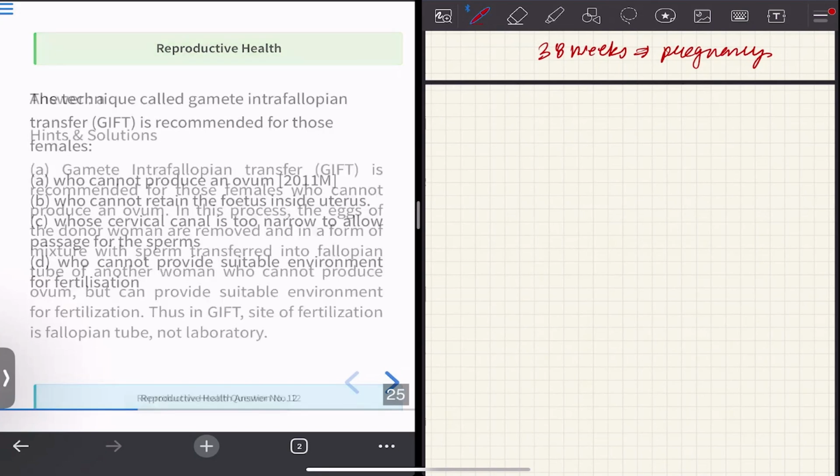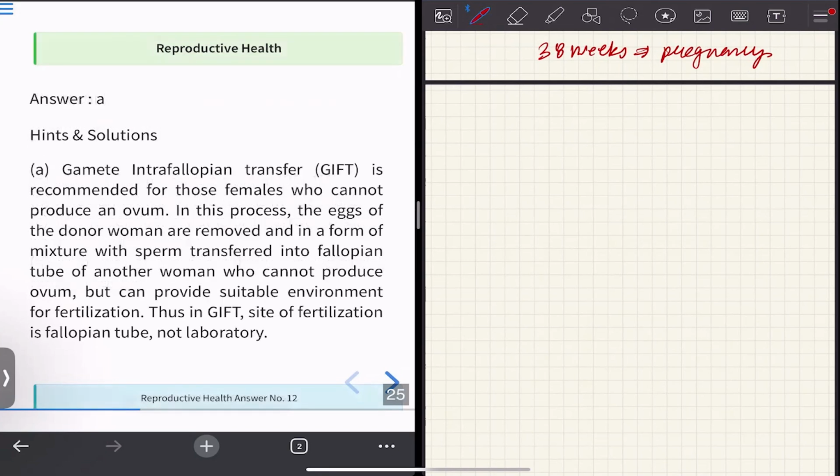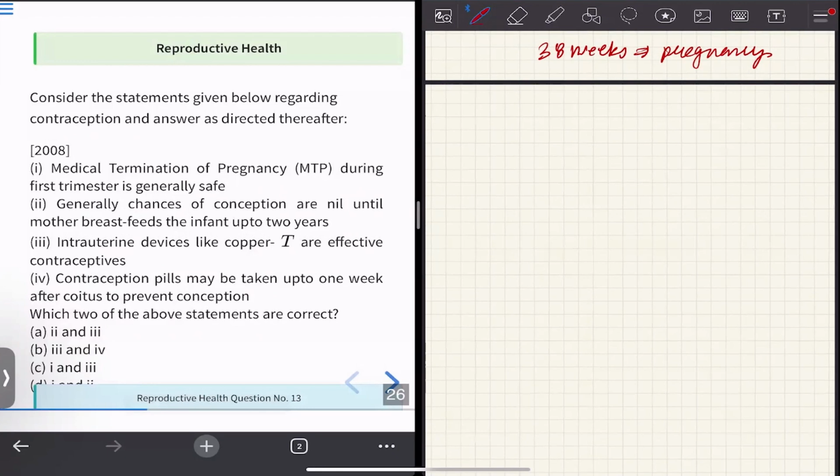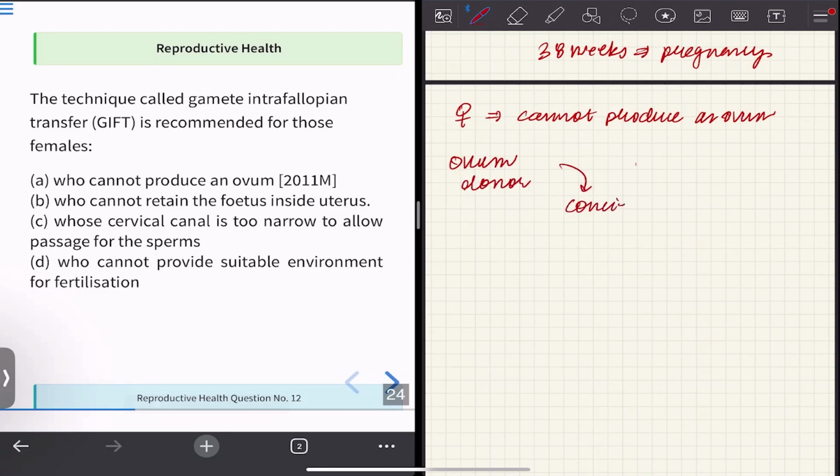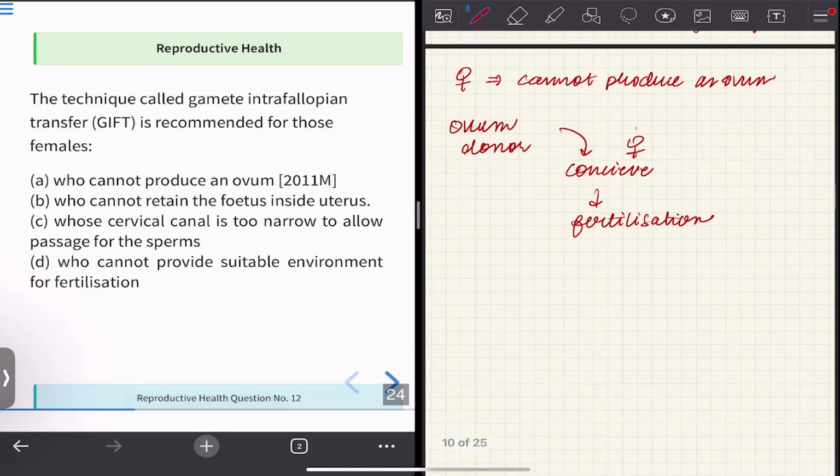But in the case of a woman who cannot produce an ovum, we'll have to take an ovum from some donor. This donor will provide the ovum, and it will go into the women who wants to conceive, and then fertilization will take place. So GIFT is recommended for females who cannot produce an ovum.